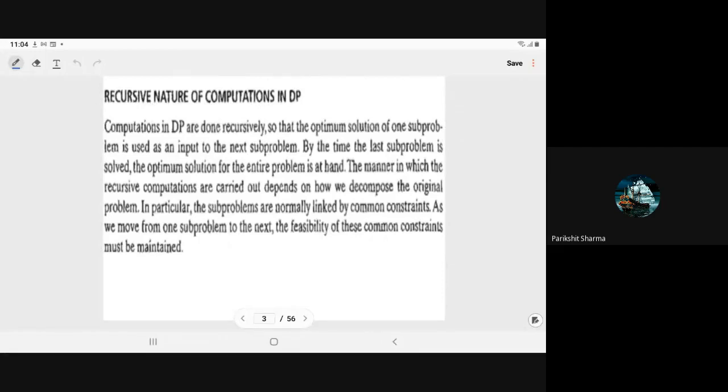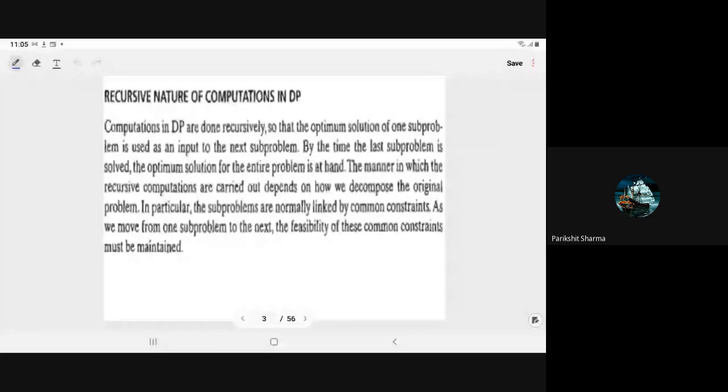So what is the advantage of the recursive nature? Computations in dynamic programming are done recursively, so that the optimum solution of one sub-problem is used as input to the next sub-problem. Means the optimal and feasible solution of stage 1 will be the input for stage 2, and considering that, we compute the optimal solution of stage 2.